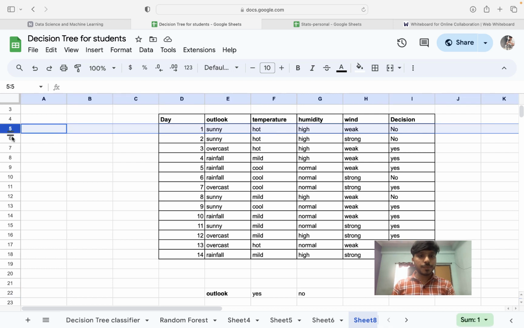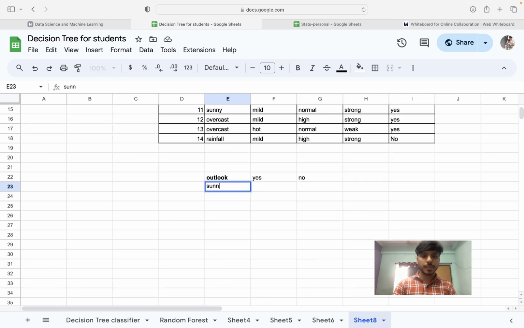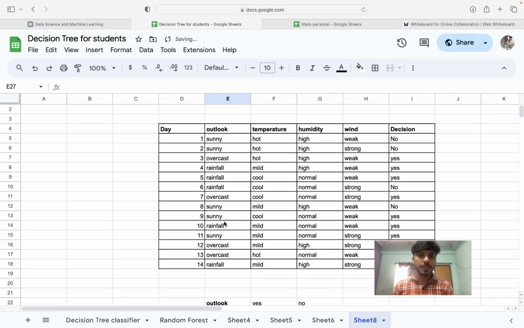So let me pick sunny. The unique classes in this variable are sunny, overcast, and rainfall. These are the three unique classes that I have in my table.